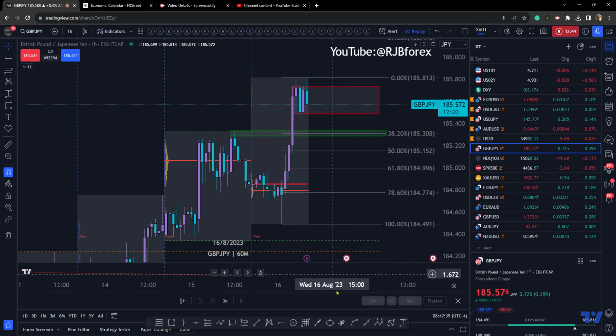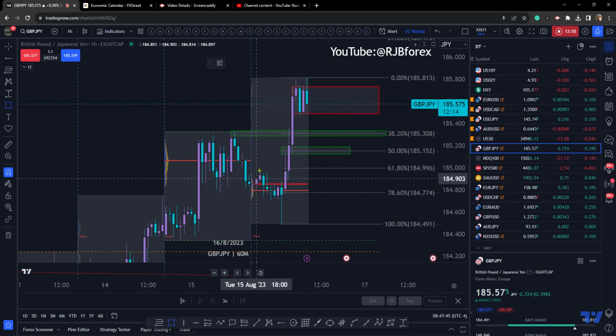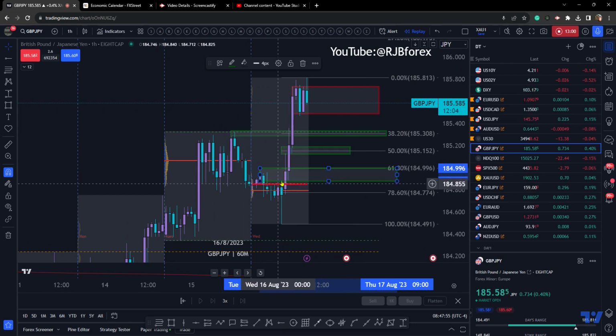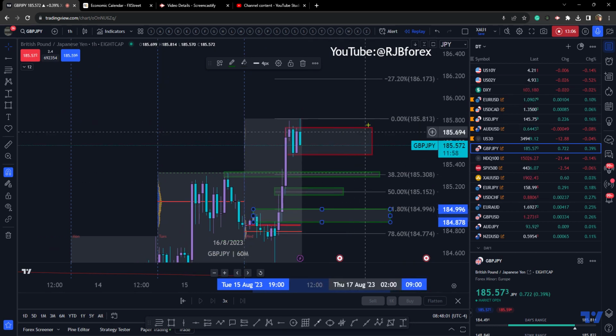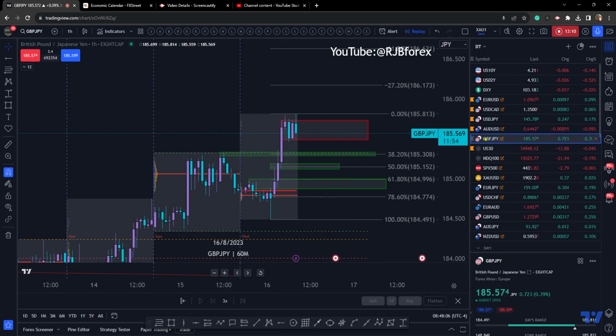Price and balance over here to target around 50%, and then you've got the 61.8 meeting prior highs and a move below there. You've got price and balance to test the neckline of that W formation, and yesterday's closing price 184.80s. So moving that up into here on the watch list, and let's look at cable then.